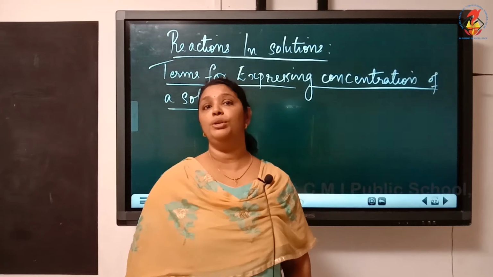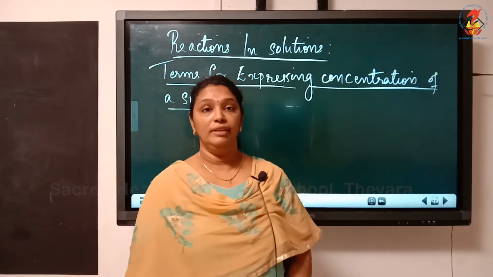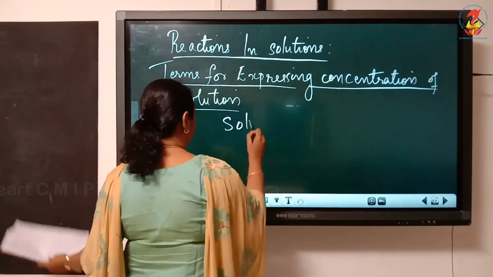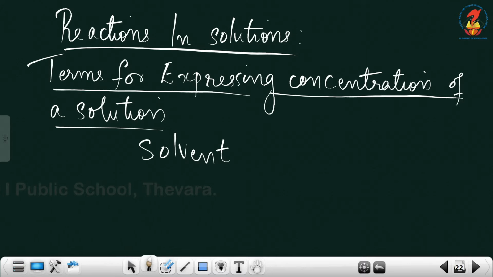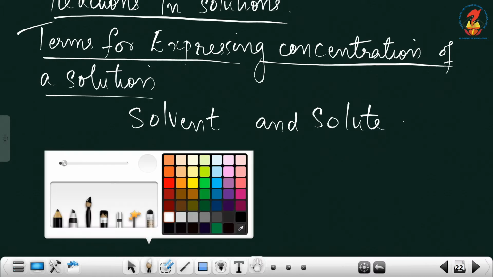Now, any solution you take, there will be 2 components present in a solution. The first component is called solvent and the second component is solute. These are the 2 components present in any solutions.